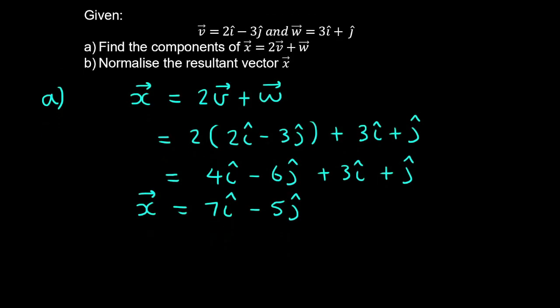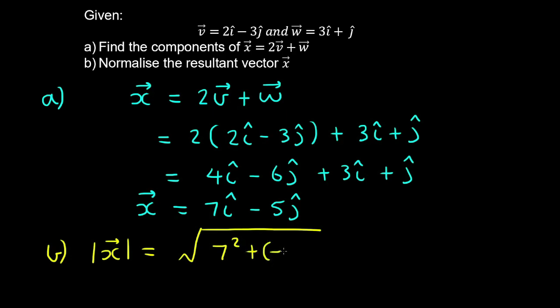And now to normalize this resultant vector, we find the magnitude, which is the square root of the first component squared plus the second component squared. So that gives root 74.